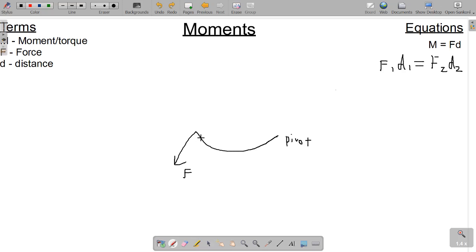You only need to take note of the direction of the force. If you want to know what R is, as in the previous example, R is here. But what is most important is the direction of the force. The perpendicular distance is basically here, and this is what you use to calculate your moment.